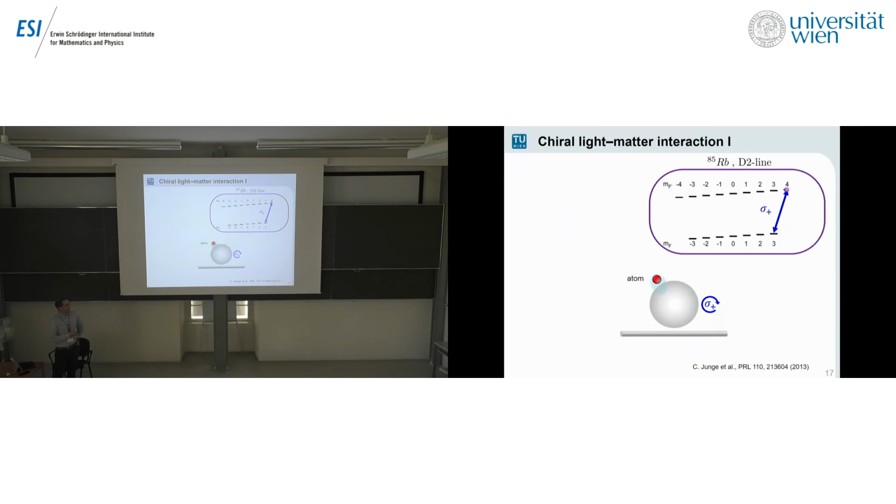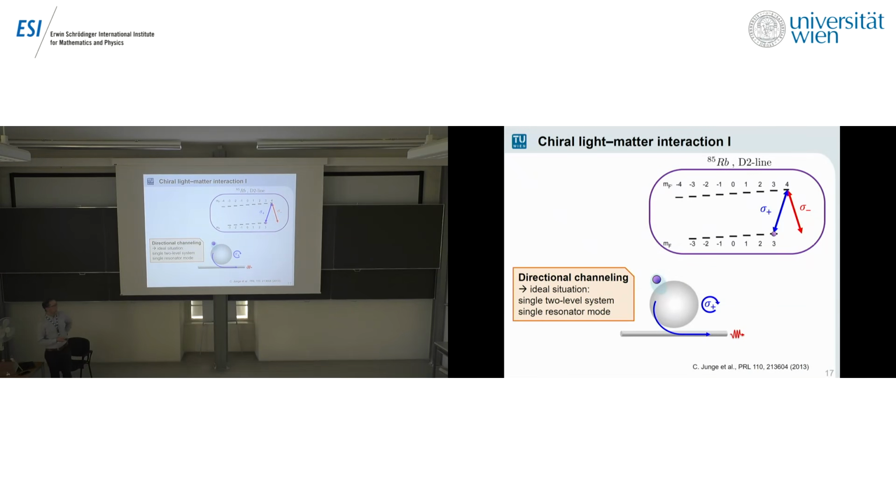And once the atom is excited and wishes to decay, since this is a closed cycling transition, it can only decay back into the same state that it came from, meaning that it has to emit again a sigma plus polarized photon, which can only be emitted into the same mode that it was excited from. And this can then only exit in forward direction from our resonator.